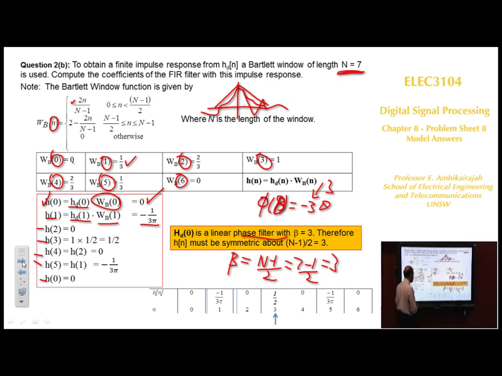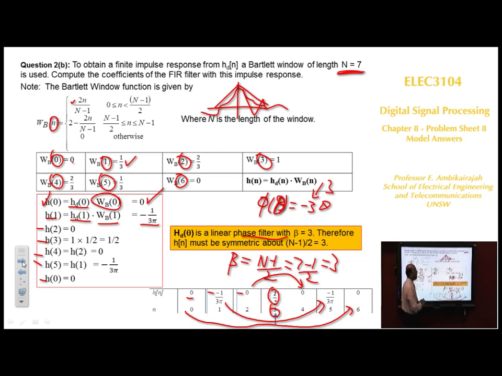So what you really need to do is calculate the first 3 coefficients. That's 0, 1, 2, and this is the fourth one at n equal to 3. It's a linear phase filter, so you just map that one there, it's symmetrical, this one there, and that one in there. So your coefficients are symmetrical around 3. That's all you need to know.